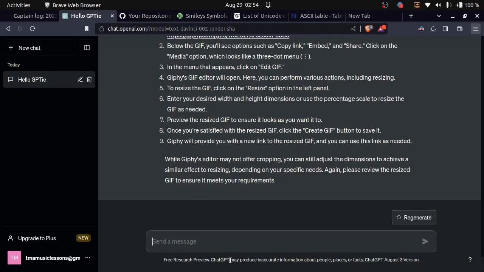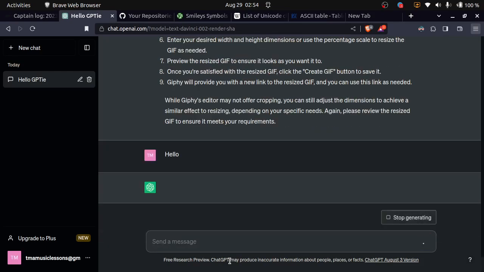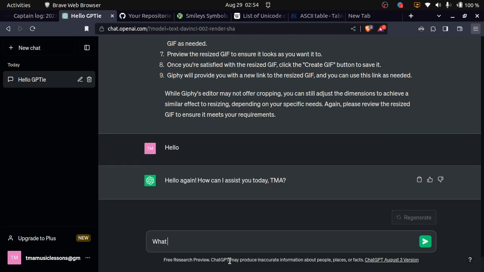Hello. What is the UTF-8 value for the Unicode?